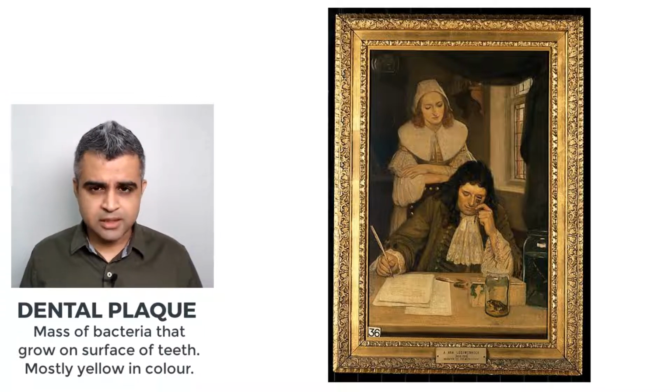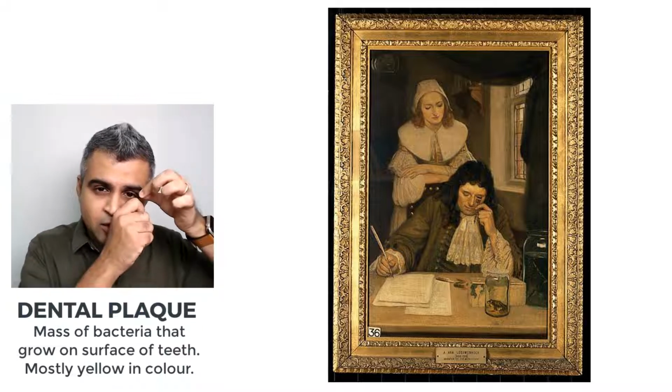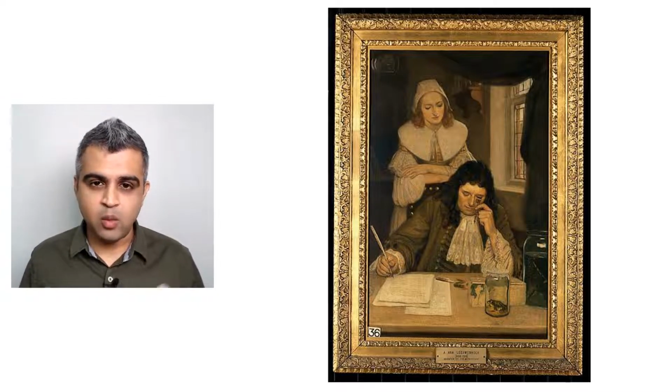But one day he literally removed some plaque from his teeth and he placed it on the pin and he observed it. And what he saw completely changed our entire understanding of the world.